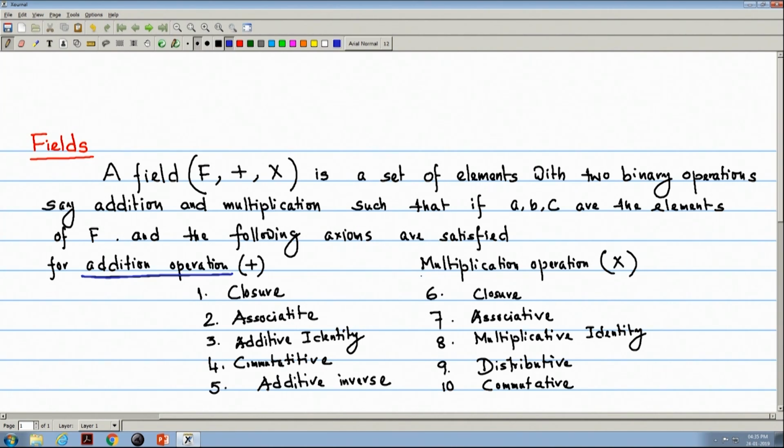Now we can also see the integral domain.